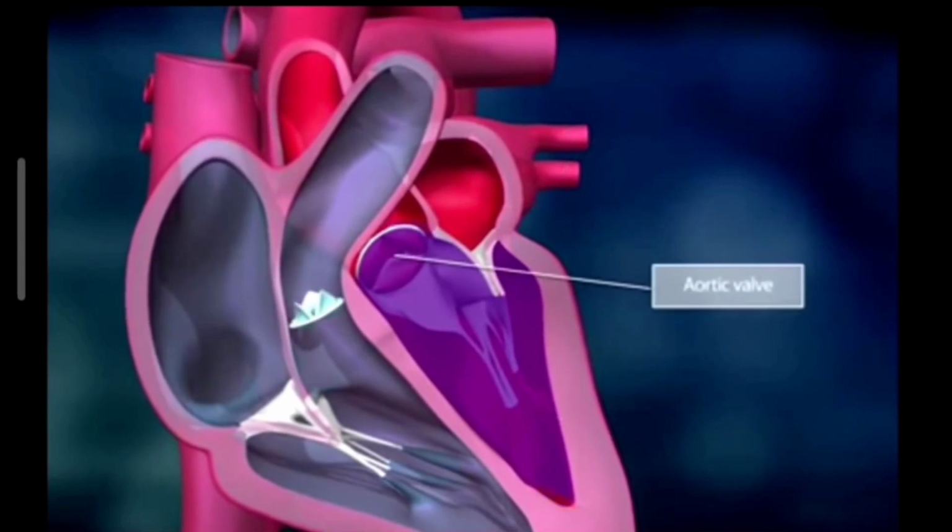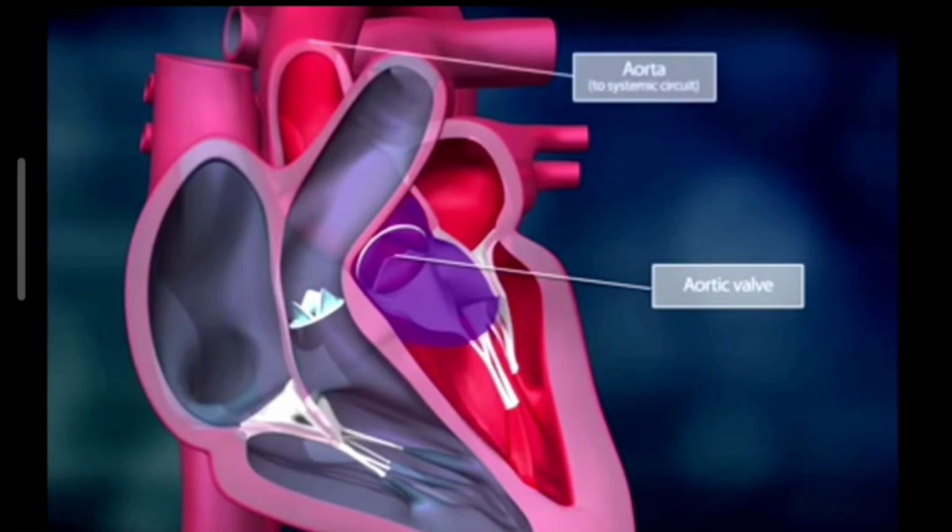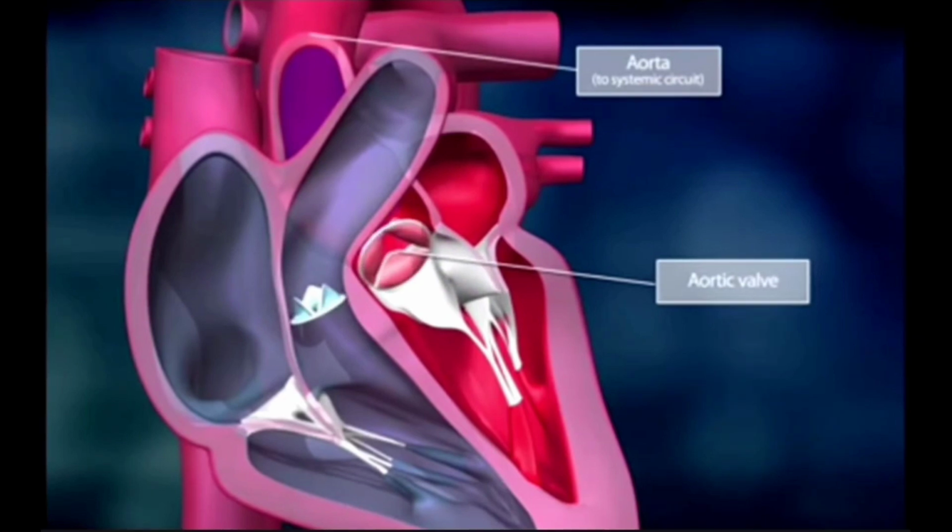There it is, the aortic valve. Then the blood flows upward to the aorta, and then to the upper part of the body, passing through the artery, and then to the lower part of the body also.